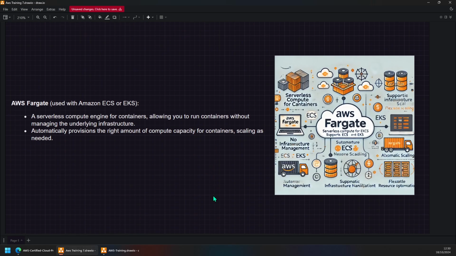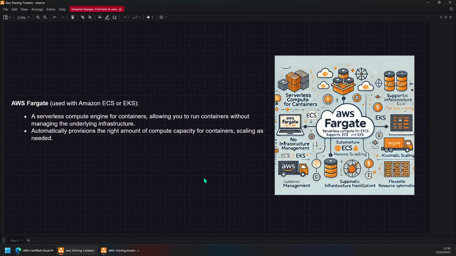Now let's talk about Fargate. Fargate is a serverless computing engine, as I told you before, for containers, allowing you to run containers without managing the underlying infrastructure. Which means that for my ECS and EKS, which were actually managed by myself, I can use Fargate to go serverless on those container services.